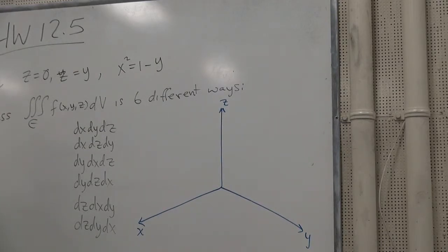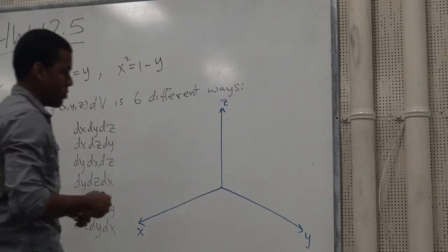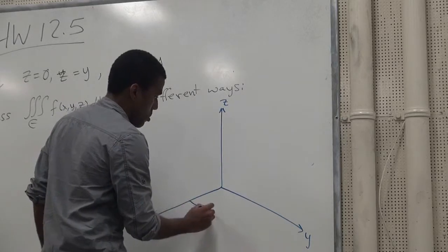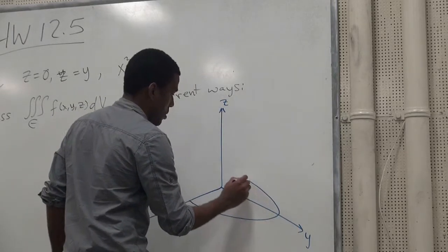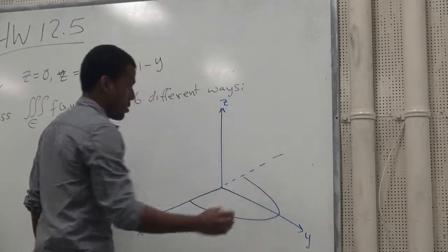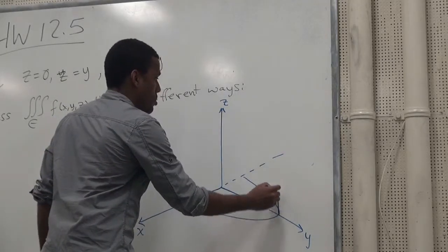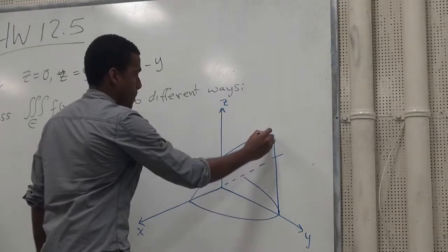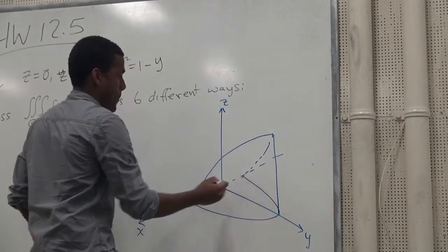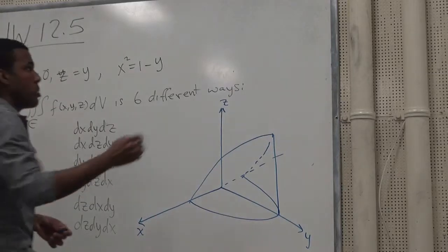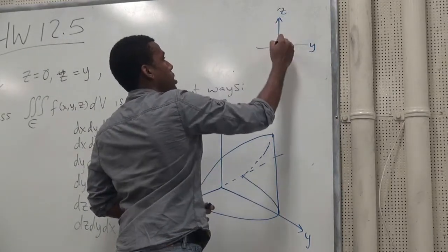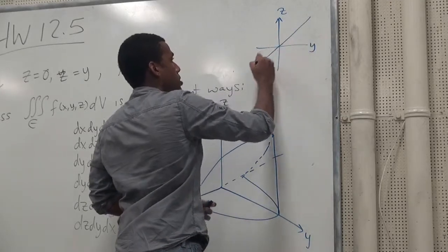Z goes from 0 up to y. So 1 minus x squared, that's going to be like a parabola. Z is going from 0 to y. By the way, z equals y in the yz plane. It's just a straight line like this, right?